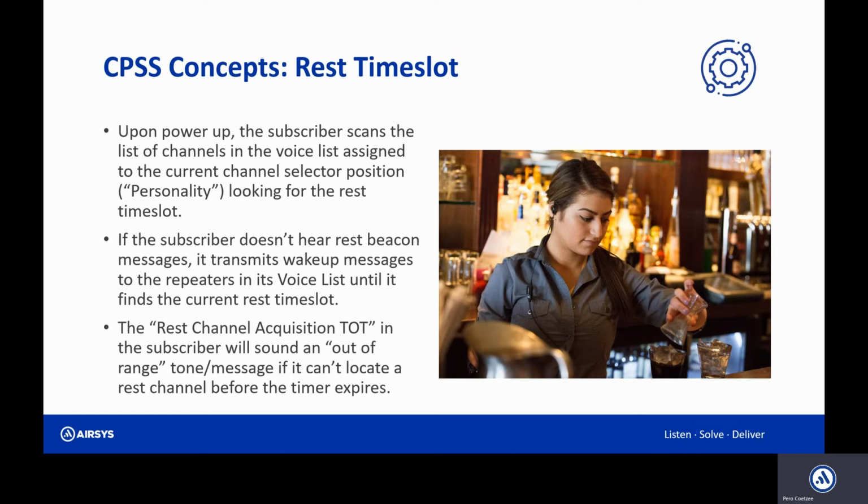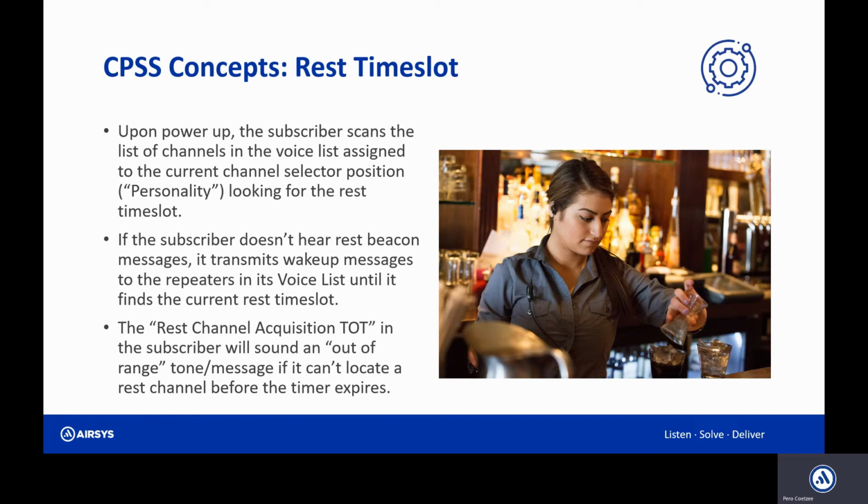And if a subscriber radio doesn't hear the beacon messages, it transmits wake-up messages to the repeaters in its voice list until it finds the current rest channel or rest time slot. So the radio will listen out for beacons from the rest channel in the system. And by default, the beacon intervals are set quite low on a Capacity Plus system.